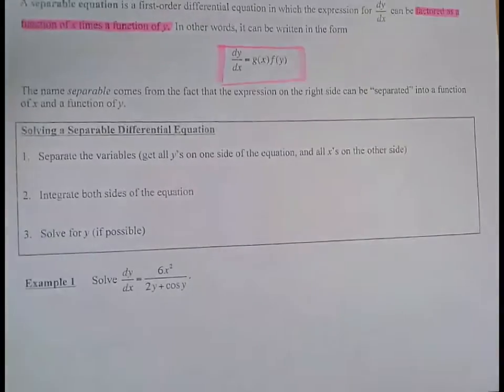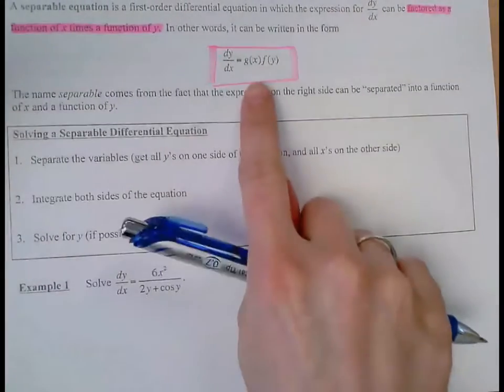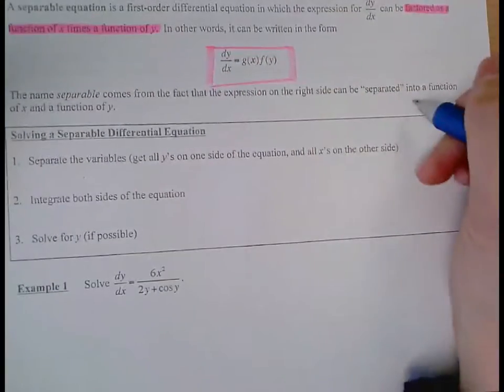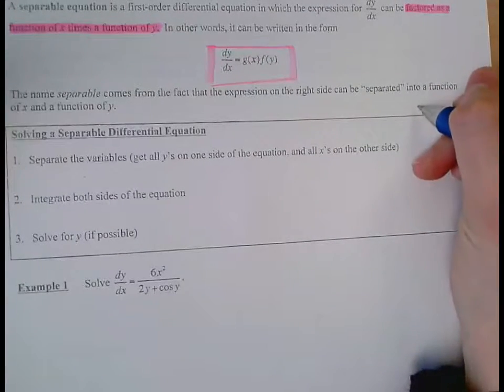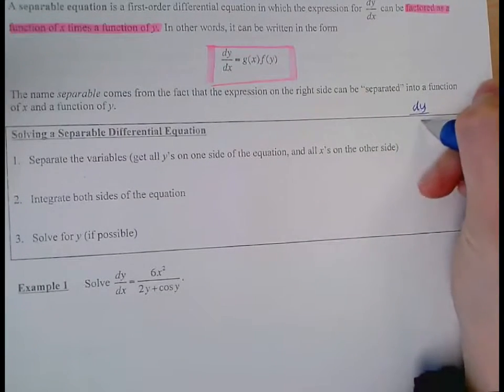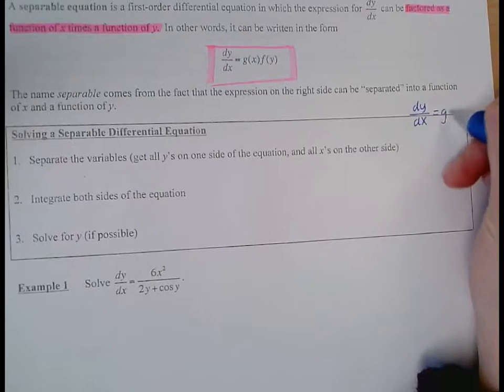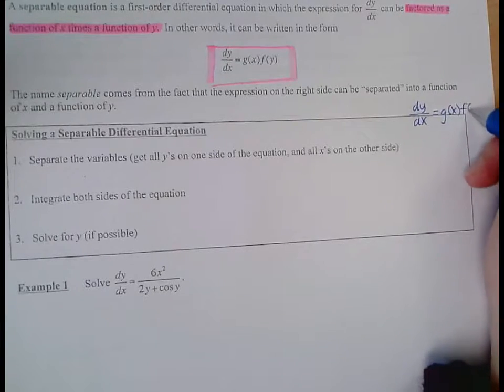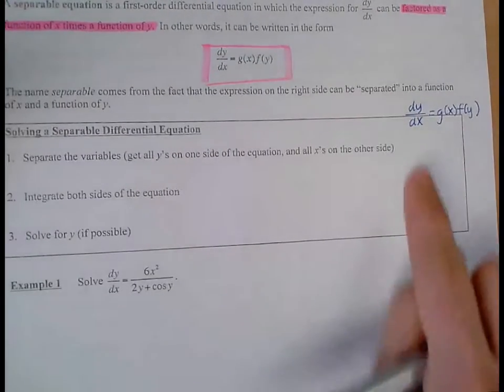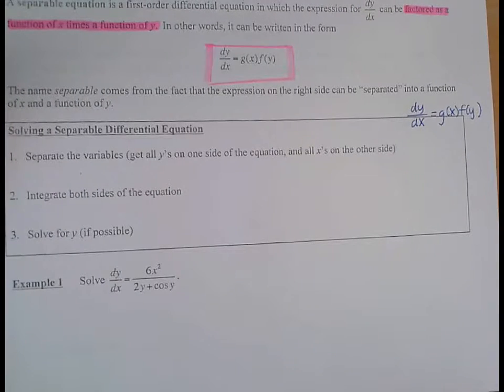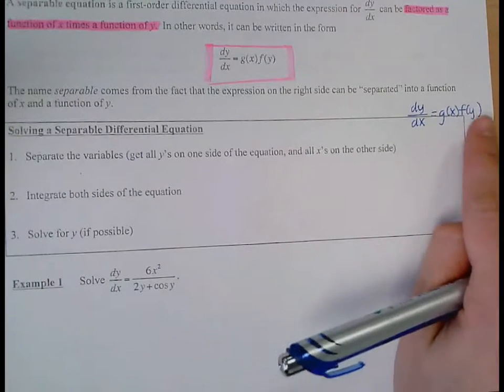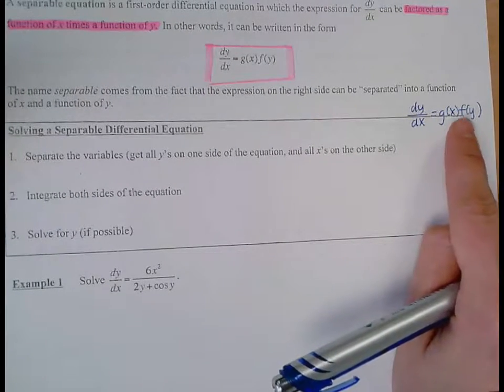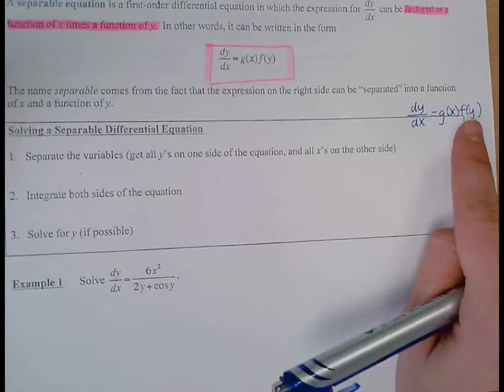So this is the part where, before we go through these examples, we're just going to practice this part. If you start with dy/dx equals some function g(x) multiplied by some function f(y), in the first step, this is what it's going to look like. I want all y's on one side, all x's on the other.